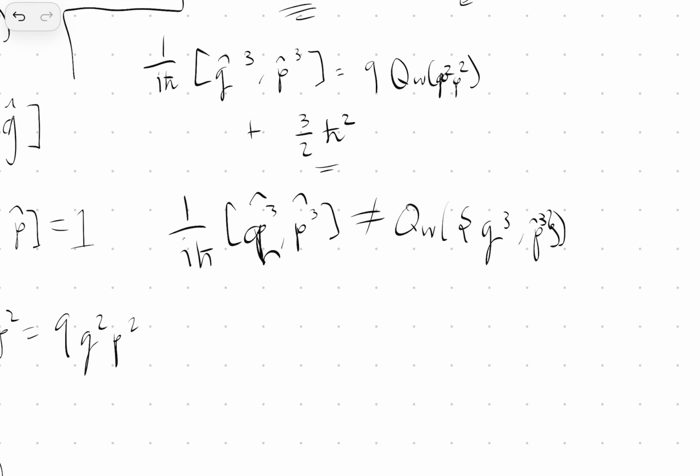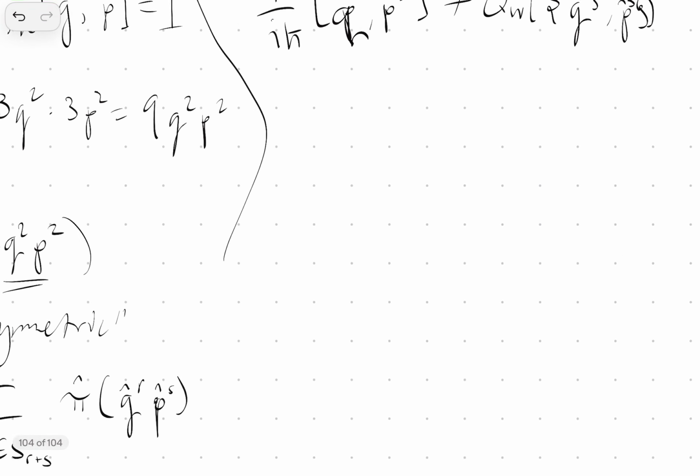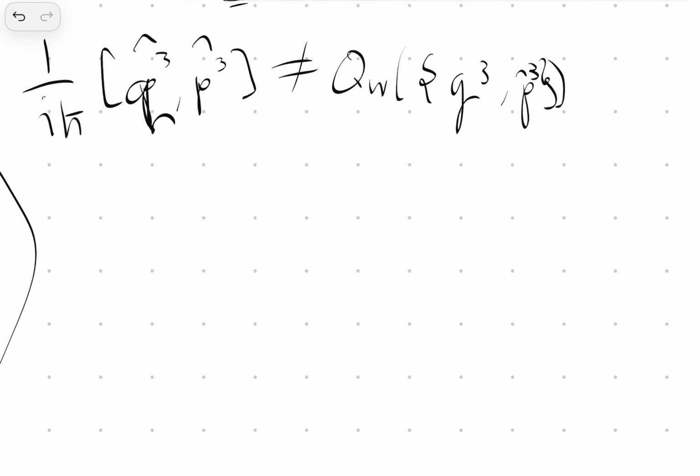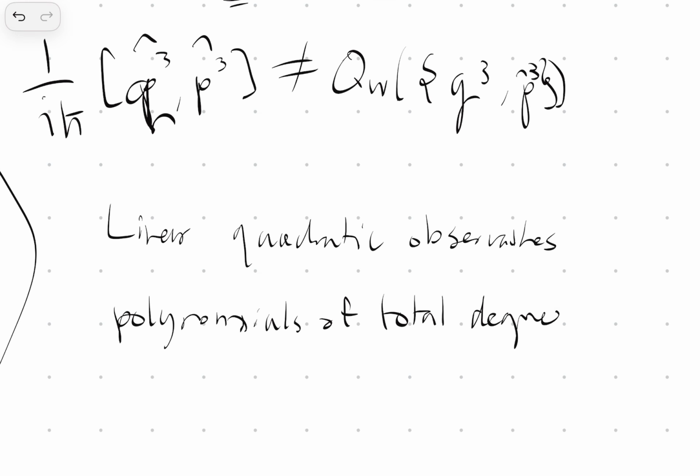All right. Now, the physical meaning of this is that this allows us to delineate between linear and quadratic observables, which are just polynomials of total degree less than or equal to 2.